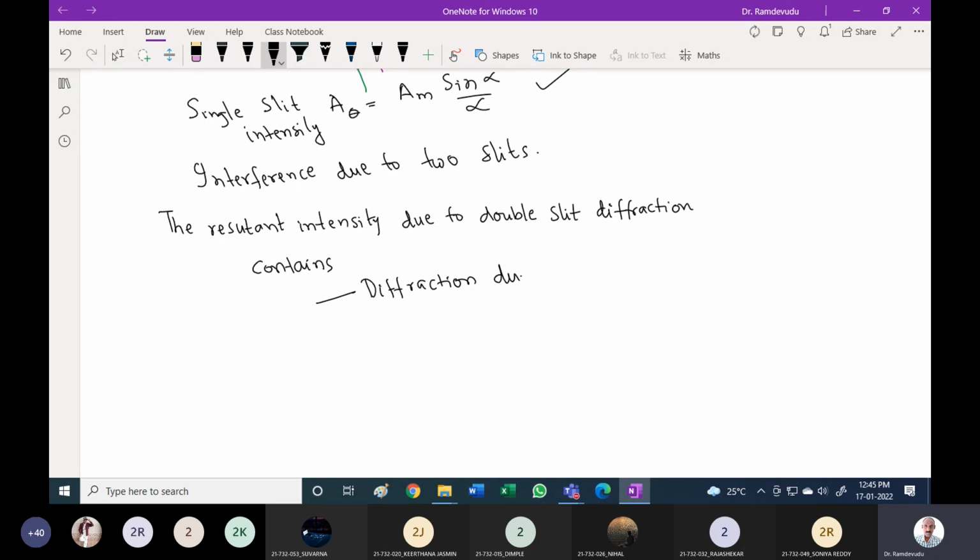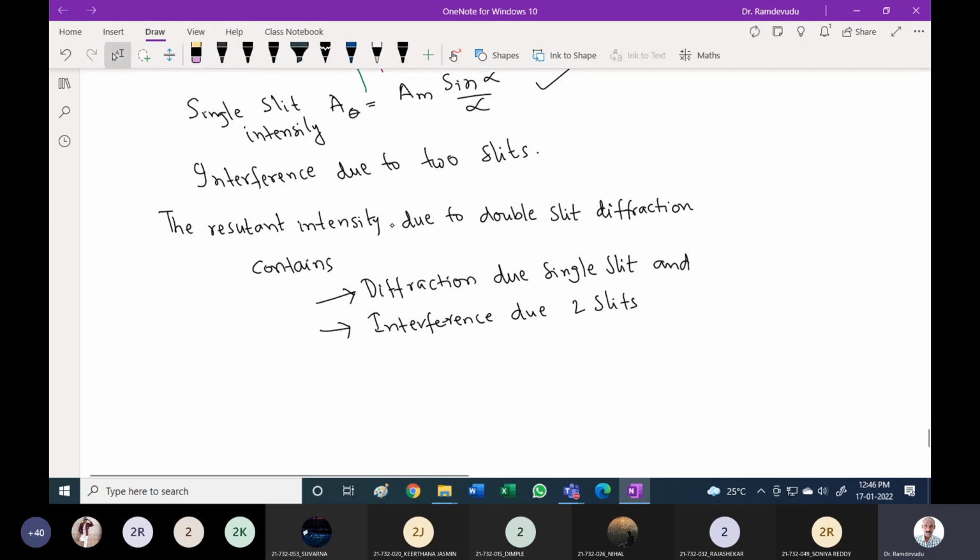Diffraction due to single slit and also it should contain interference due to two slits. So therefore the resultant intensity is a combination of these two.